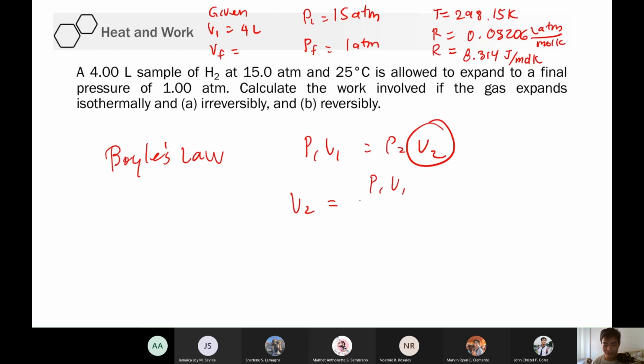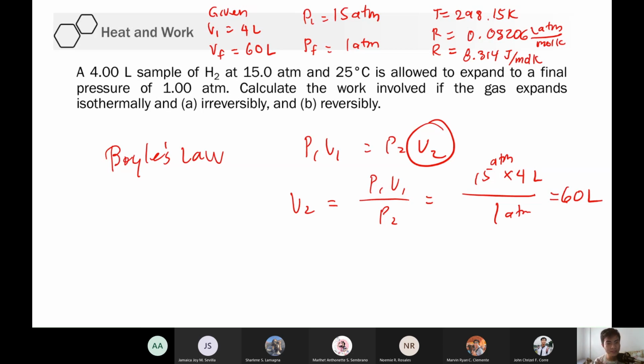So V2 equals P1 V1 over P2. So this is 15 times 4 divided by 1. So this is 60 liters. So that's 60 liters. Nakuha na natin yung V final. Galing, 'di ba?